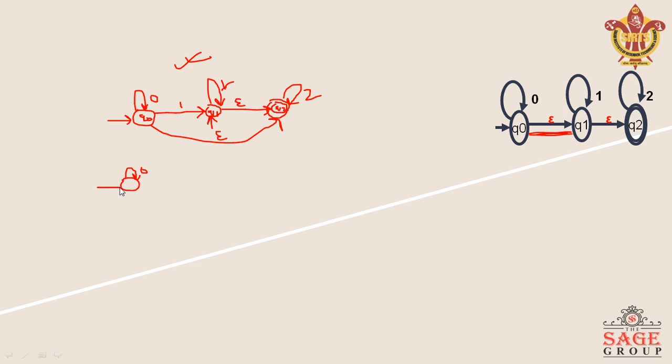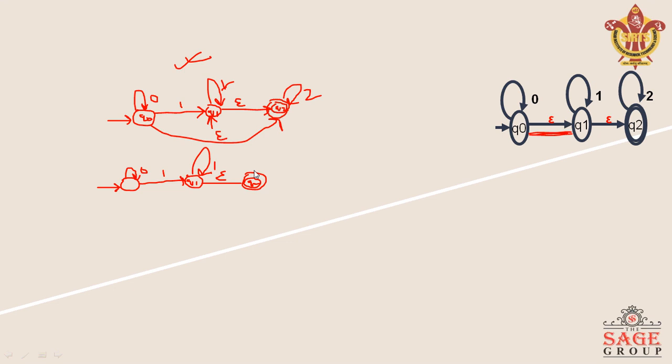Now we are eliminating the epsilon from between Q0 to Q2. So we have, this is Q1, this is 1. This is again what we have, 1 here. We have an epsilon move here also. This is final.